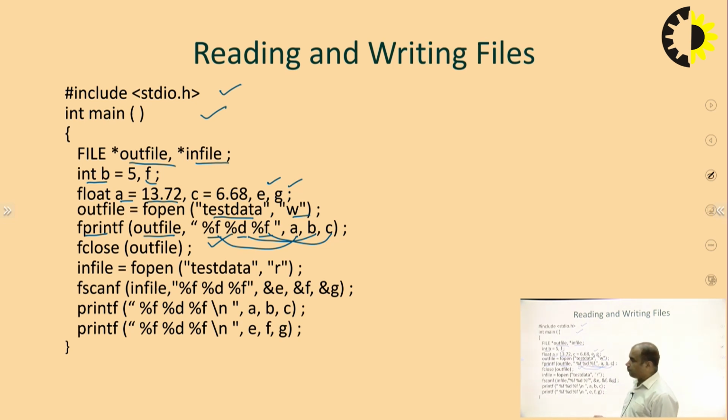Now we are opening the file using the infile pointer, infile equal to fopen test data in the read mode, so that same file will be opened in read mode.